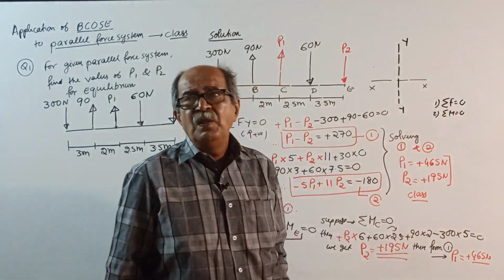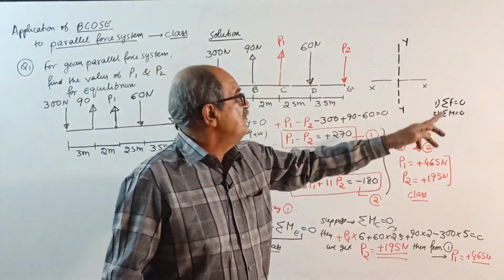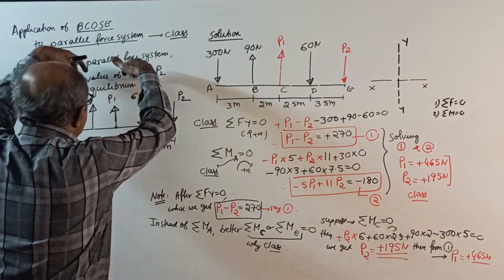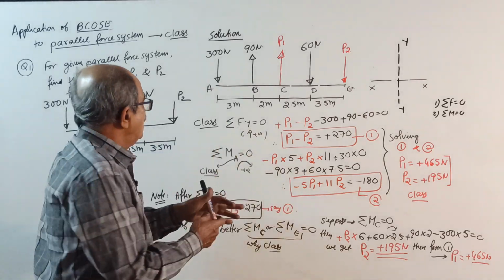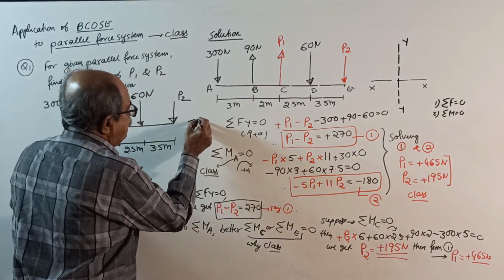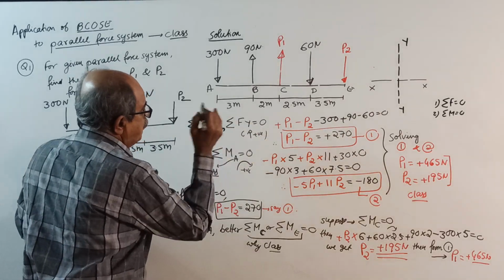Sigma F equal to 0: if all the forces are along y, it becomes sigma Fy equal to 0. In this question, all the forces are along y. So I write sigma F equal to 0, that is sigma Fy equal to 0.